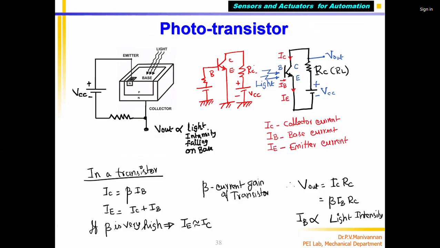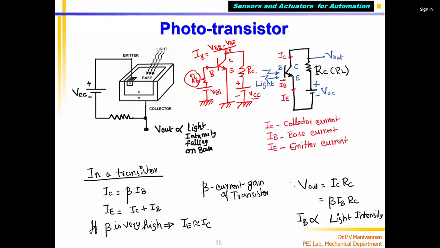But to make a transistor work, you need to have 2 power supplies called base voltage, VBB, base supply or base bias voltage, and VCC called collector voltage. Then I have RB, base resistance. Now, since I am applying voltage to the base, there will be a current flow, IB. This current IB is equal to VBB minus VBE divided by RB.